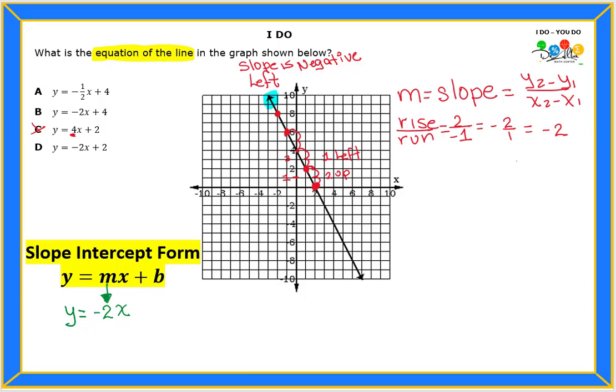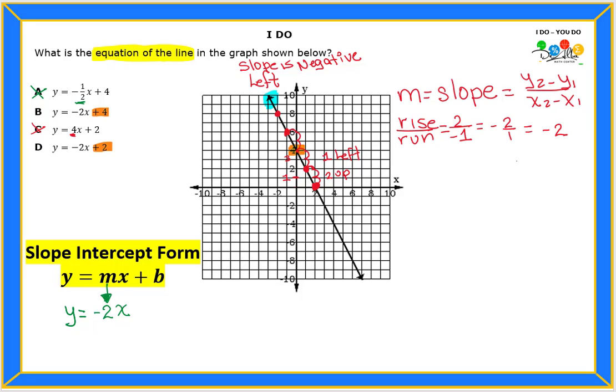So if you look at the answer choices, notice how I got a negative 2 as a slope. Choice A has a negative half, or negative 1 over 2, so that cannot be an answer. So I'm between B and D. Notice how the y-intercept, which is right here, is a plus 4 and a plus 2. The y-intercept is here on the top.